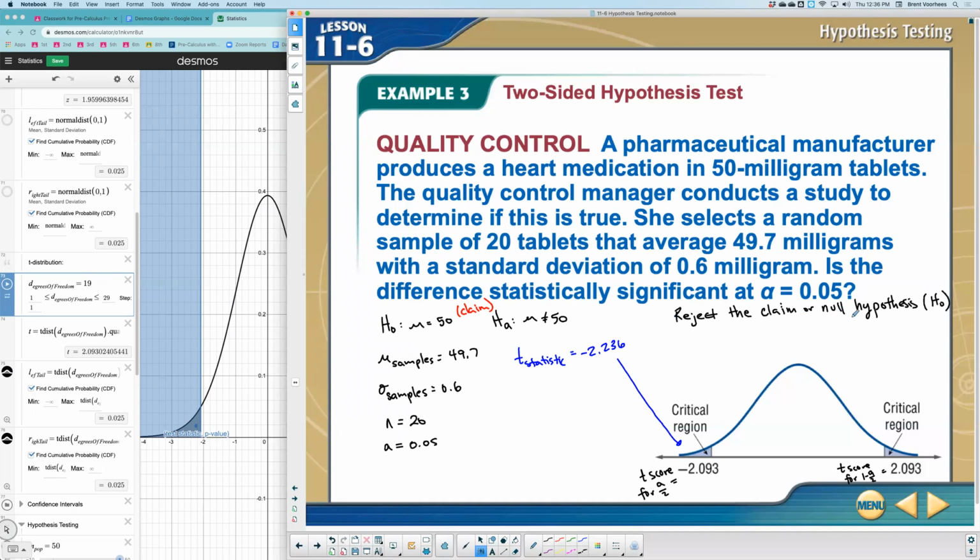We would reject the claim or the null hypothesis in this particular problem. And I should include here, based off of the evidence.